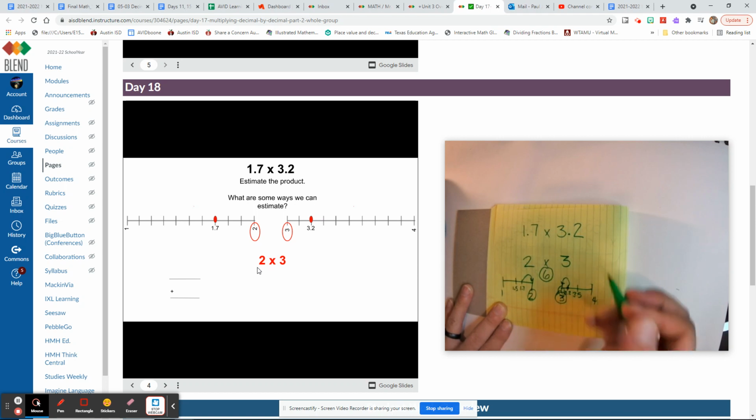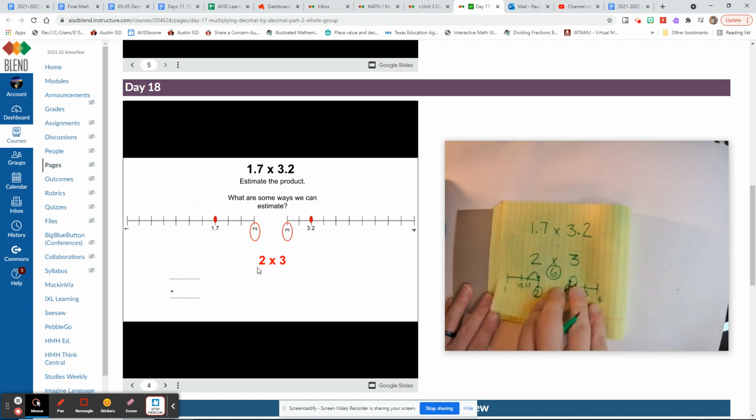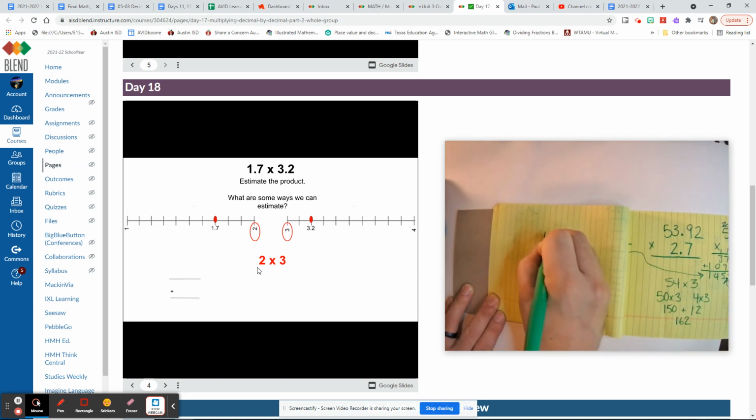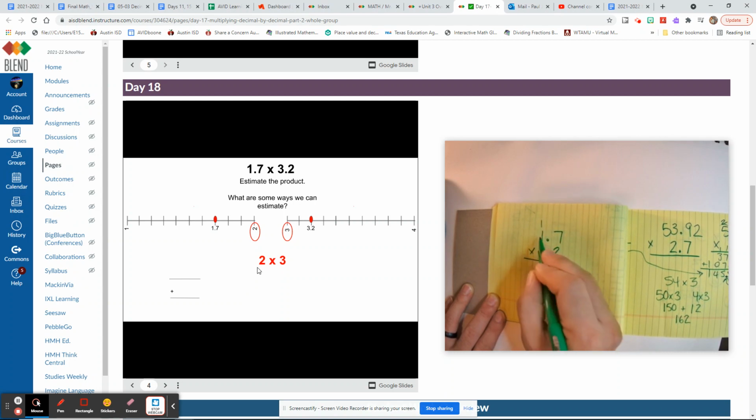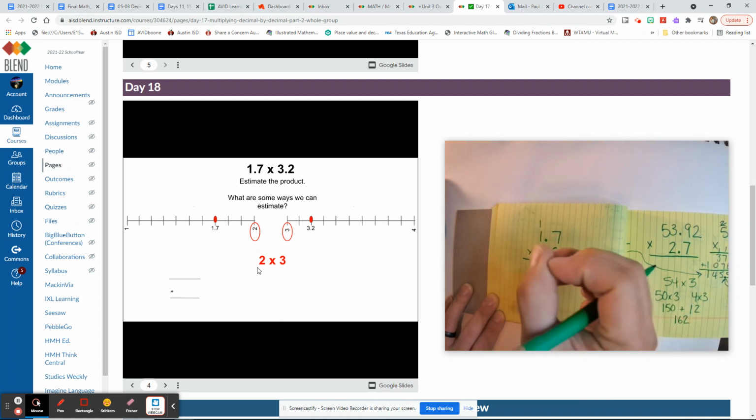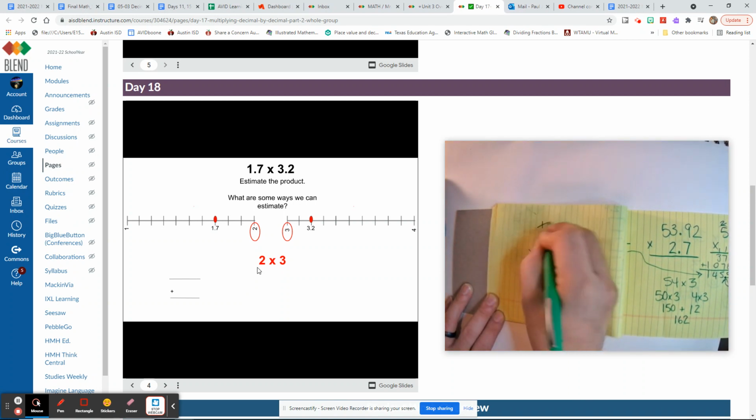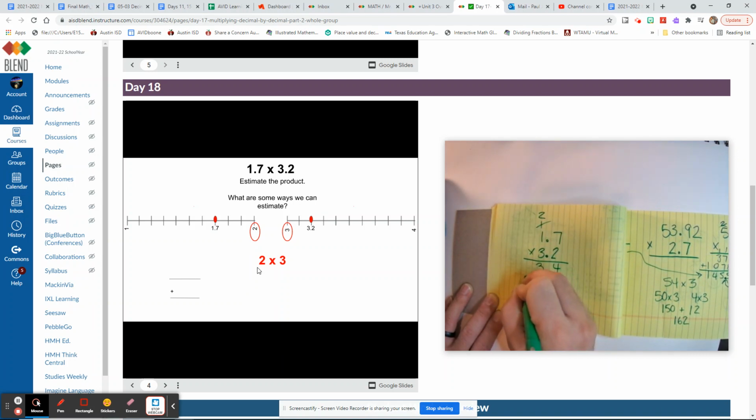All right. Now, if we're actually going to do the math, we can do 1 and 7/10 times 3 and 2/10. They just happen to line up. 2 times 7 is 14. Carry the 1. 2 times 1 is 2, plus 1 is 3. Second line, ones place, 0. 3 times 7 is 21. 3 times 1 is 3, plus 2 is 5.